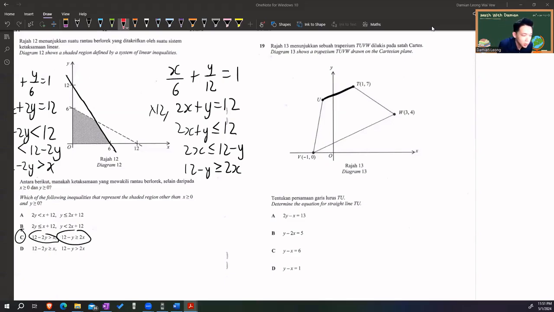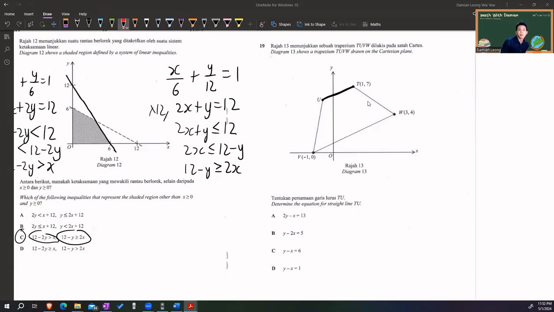Kita perlu menyiasat kecerunan garis lurus ini. Garisan TU dengan garisan VW merupakan garisan selari. They are parallel lines, so they have the same gradient. Mereka mempunyai kecerunan yang sama.